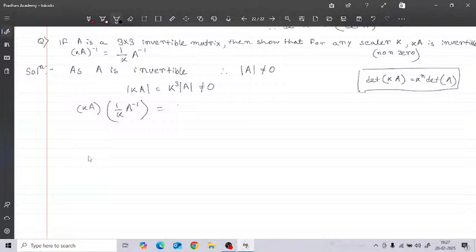We will get k into 1 by k, the multiplication of scalars, then the multiplication of matrices, that is 1 into the identity matrix of order 3, so I3. So it is clear that the inverse of the matrix kA is nothing but 1 by k A inverse. That's also from NCERT exemplar.